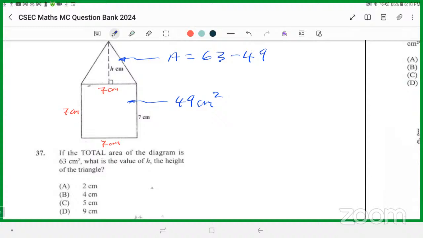Agreed? 63 minus 49 is how much? Huh? 14.